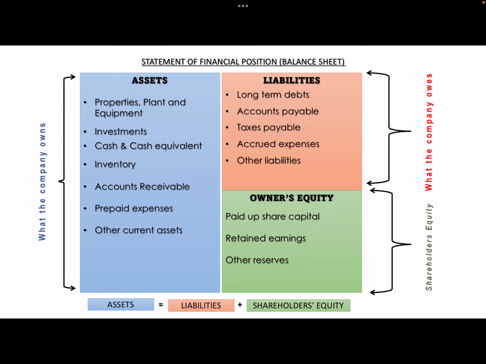Simply put, these are the profits that they have plowed back into the business over time. So this brings us to what we usually call the accounting equation. Your assets must be equal to your liabilities and your equity. And that's the balance sheet.